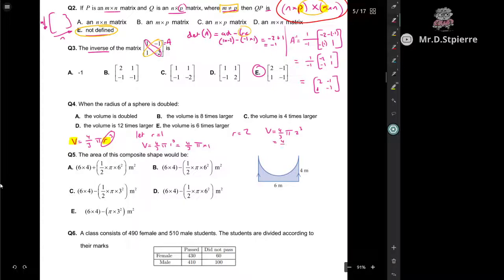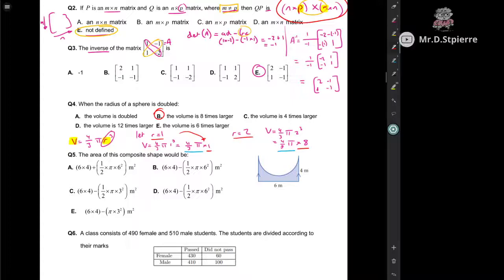Now 2 cubed is 2 times 2 is 4 times 2 is 8. Now the first half of the equation for both of these is 4 on 3 pi. One of them is times by 1, the other one is times by 8. By making my radius double, the first one was just times by 1, the second one is times by 8. My volume has become 8 times larger.